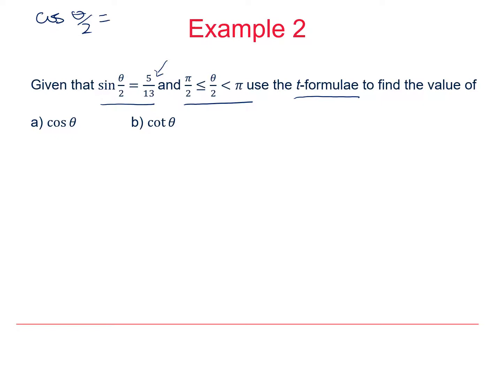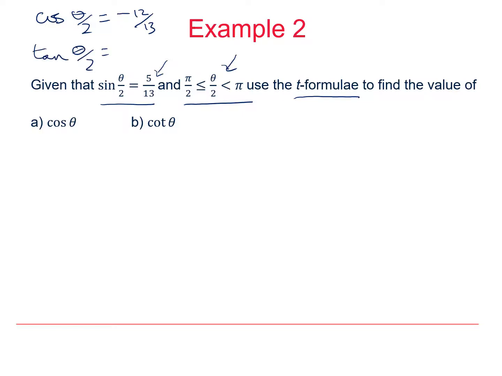is going to be 12/13. But we then need to use the information in the second part of the question that tells us that the cosine is going to be negative. So we know that the cosine is going to be negative 12/13. With both cos theta over 2 and sine theta over 2, we can then work out tan theta over 2, which is our t.